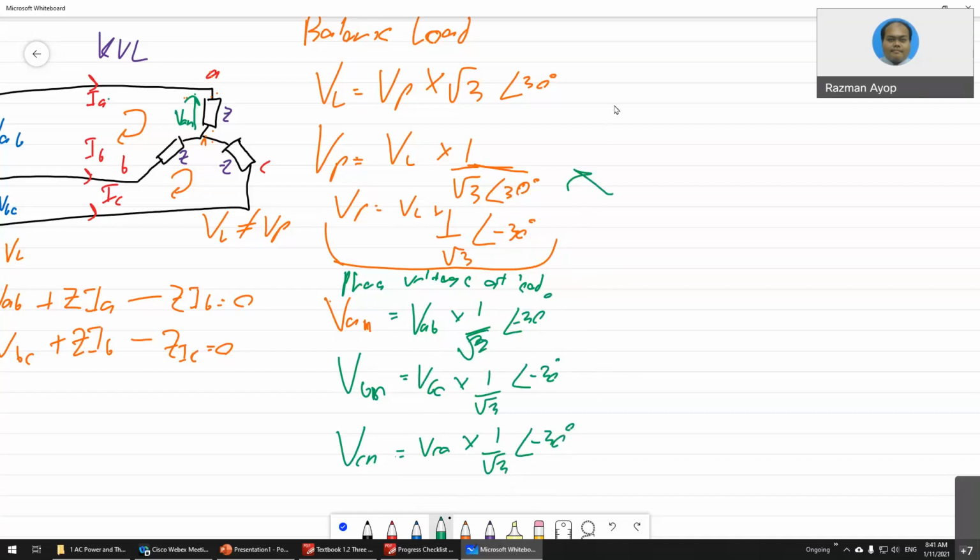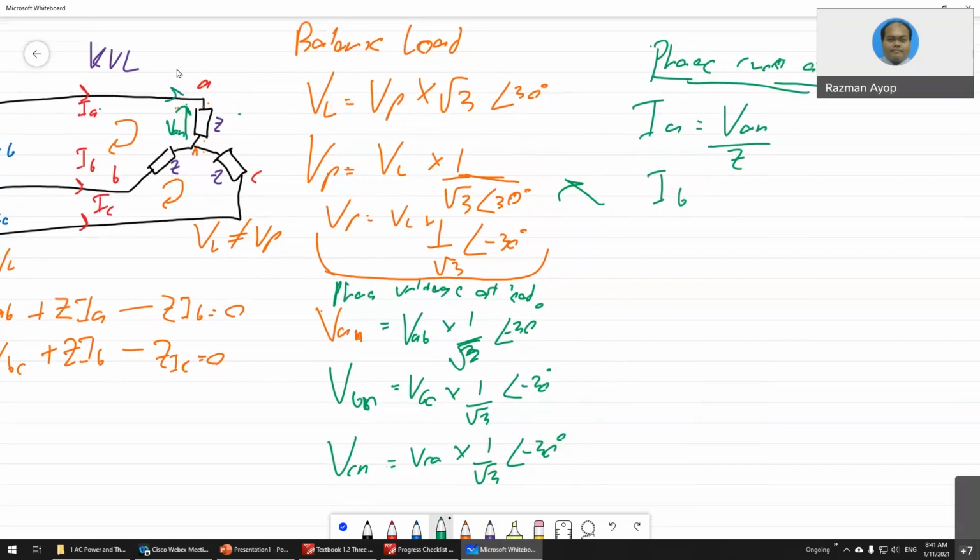And after you find the phase voltage, then you can find the phase current at load. IA is equals to VAN divided by Z. You can see here, this is IA.